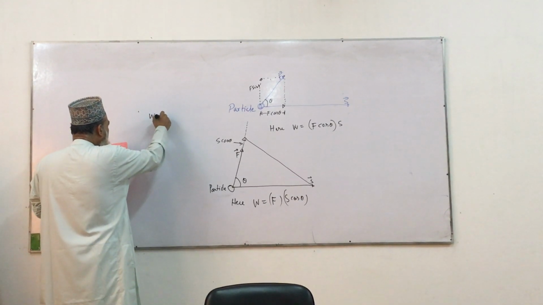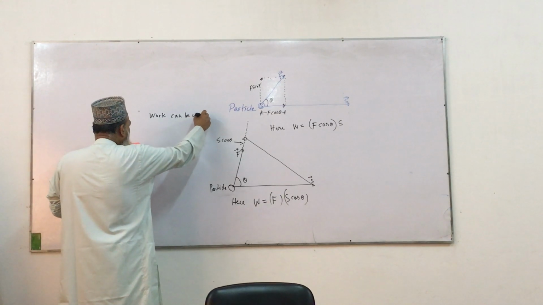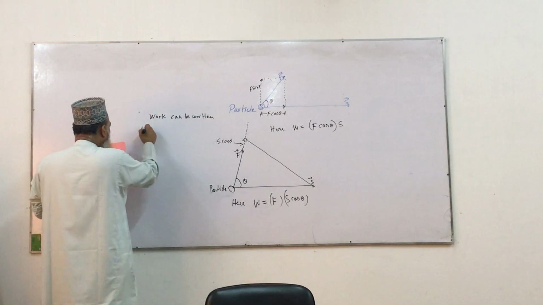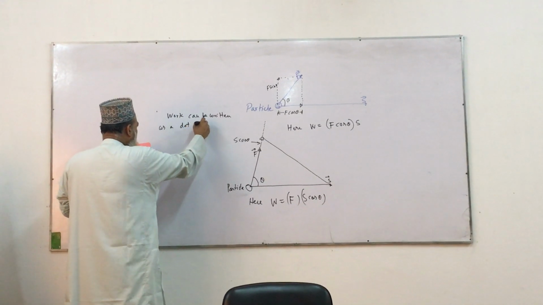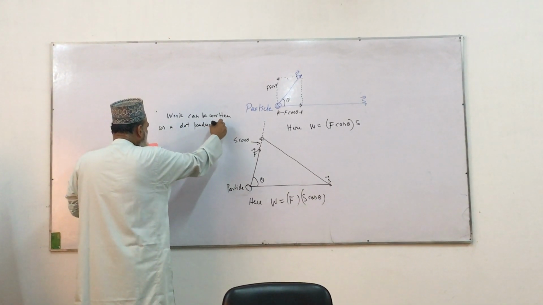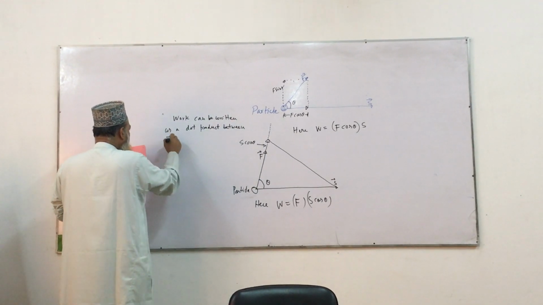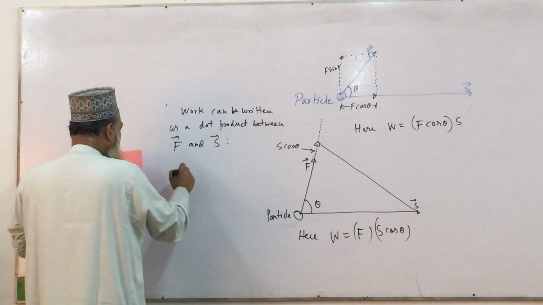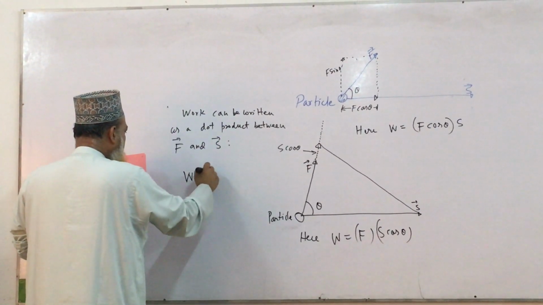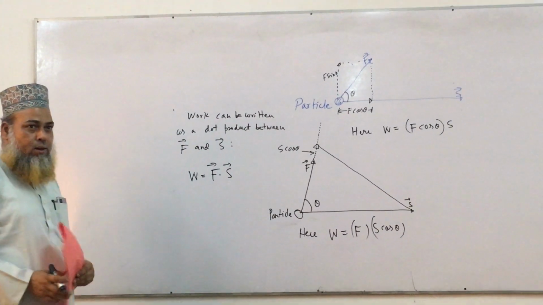Work can be written as a dot product between F and S. W is F dot S.